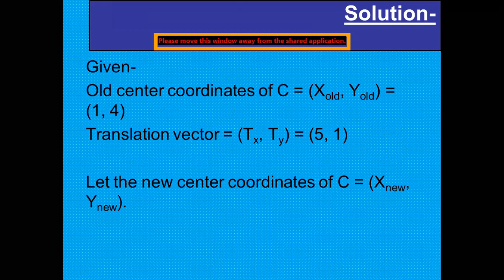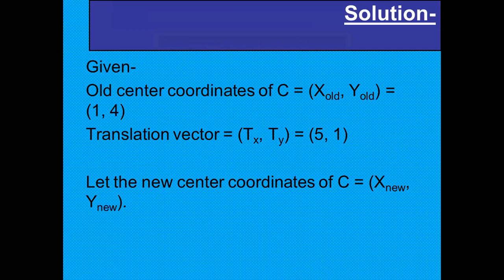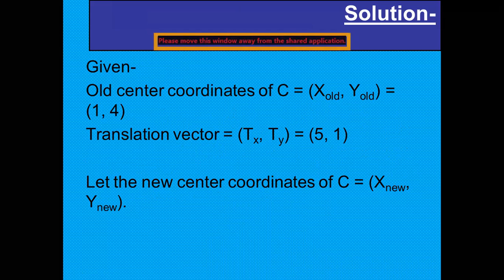Now you can see the initial coordinates, which we can also call the old coordinates. Either we can say the initial coordinates, or we can represent them by x old and y old. In the problem it is already mentioned that x old is equal to 1 and y old is equal to 4.